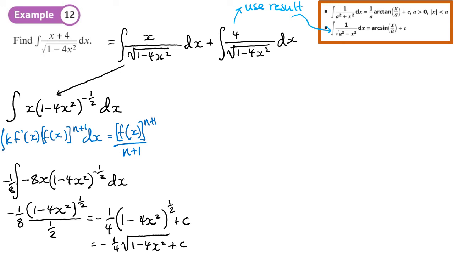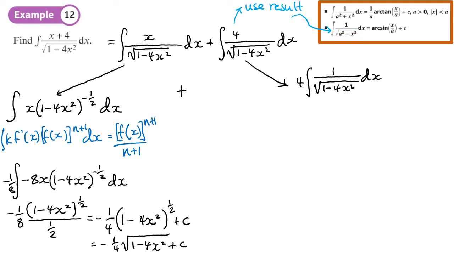The other half of the answer we're going to get, obviously we'll take the 4 over. So we've got 4 times 1 over square root 1 minus 4x squared dx. So this is going to be a different method. It's going to be using the result. I can't have a coefficient of 4 there. It's going to be this result, it's got to be a coefficient of 1.